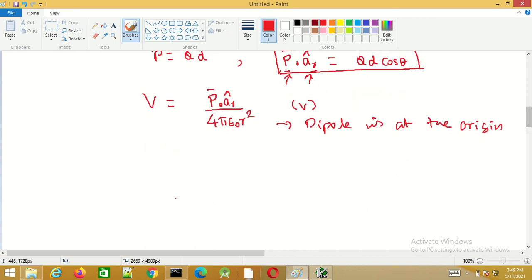Let us consider that the dipole is at some vector r dash.